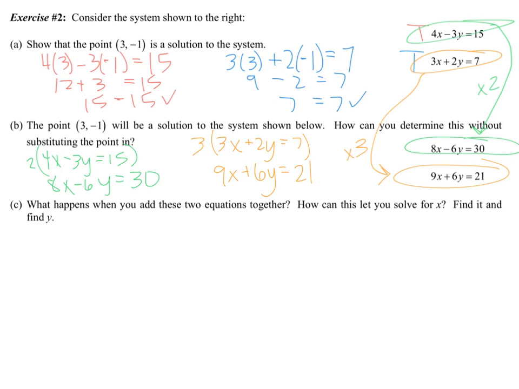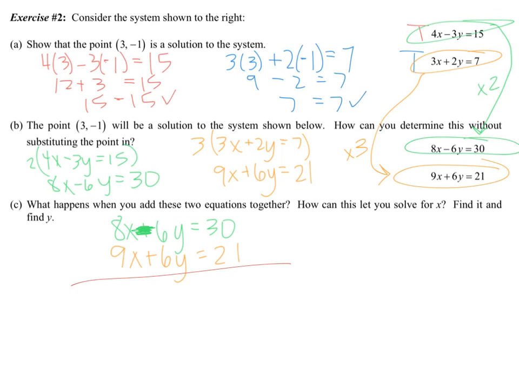So what happens when you add these two equations together? I have 8x minus 6y equals 30, and I have 9x plus 6y equals 21. Sorry, this is a minus 6y. I wrote that as a plus, but it's definitely a minus.